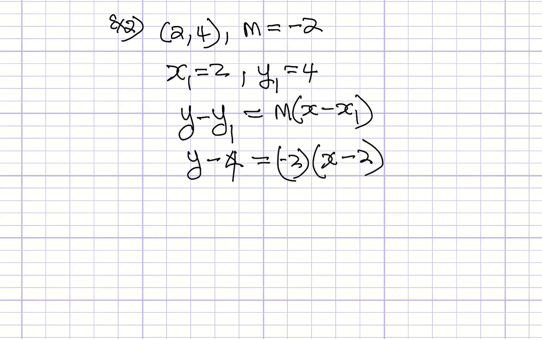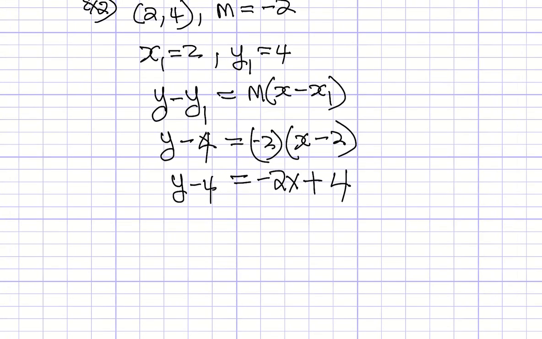Make sure you put everything in carefully, that way you don't make a mistake. Then you start simplifying. y minus 4 is the same as minus 2x plus 4. You see it? Because minus 2 times x, you get minus 2x. Minus 2 times minus 2, you get plus 4, right?